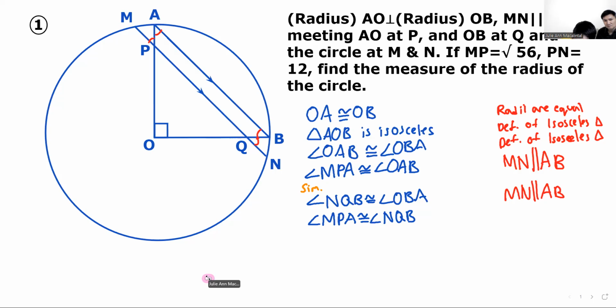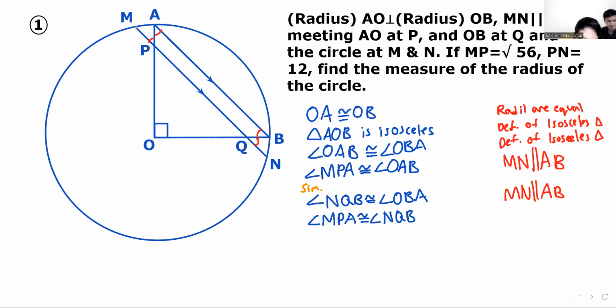So MPA is congruent to NQB. Maybe I will start constructing a line.